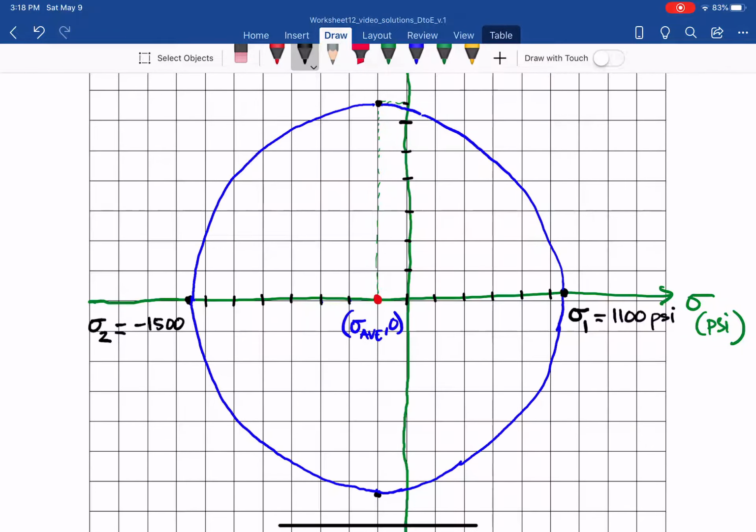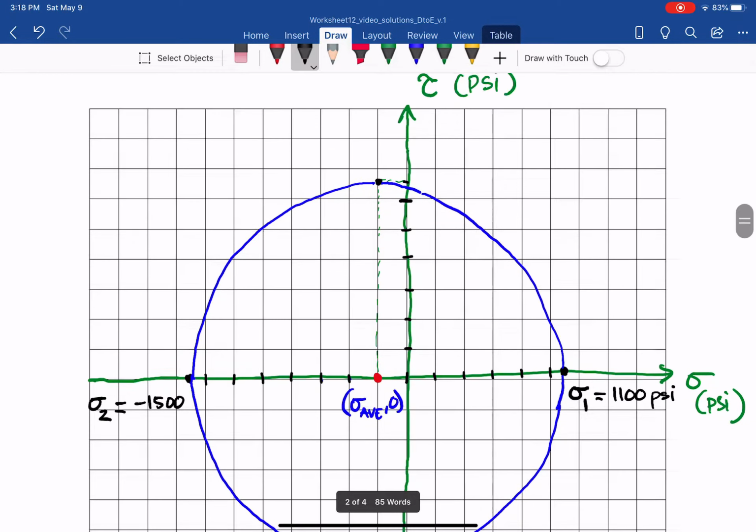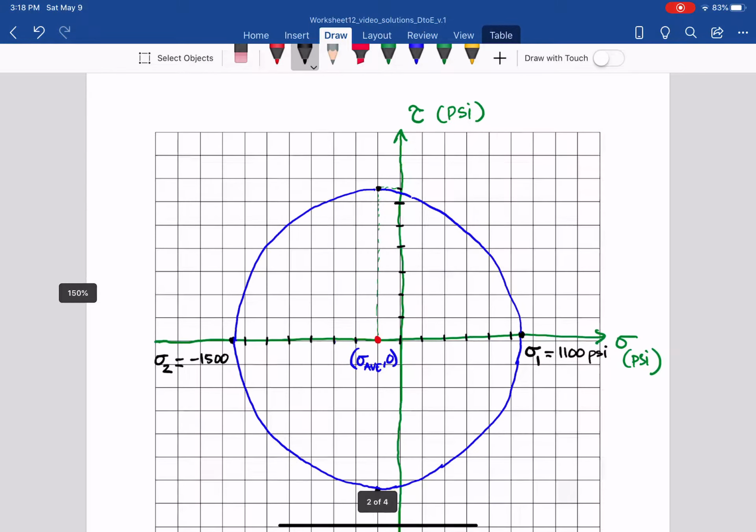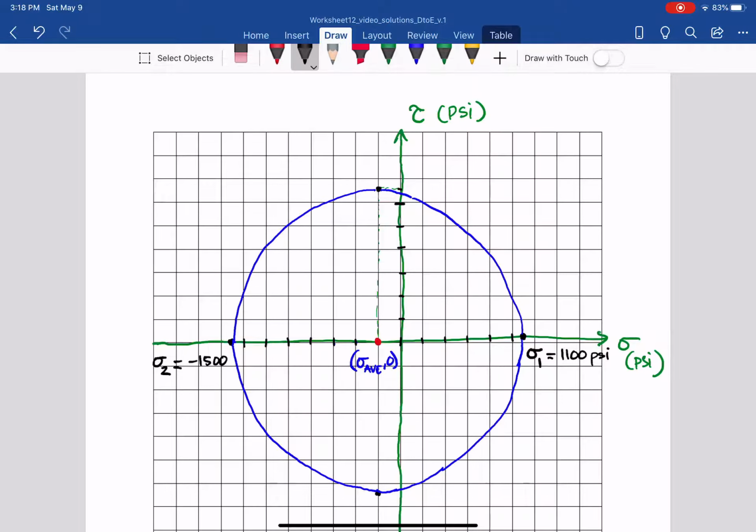Tau max is, as you can see, tau is the vertical. So the tau max is actually here. This point is tau max, right? Tau max.